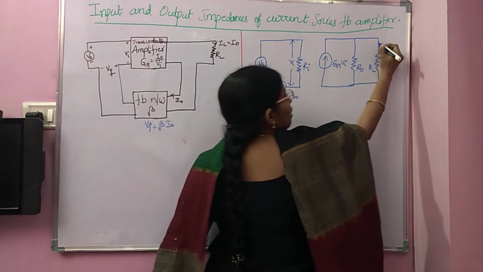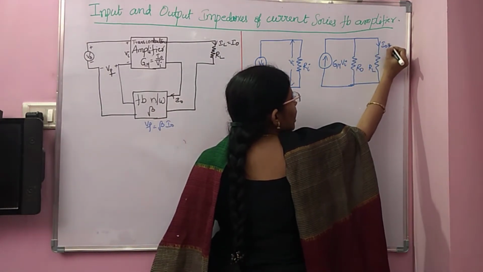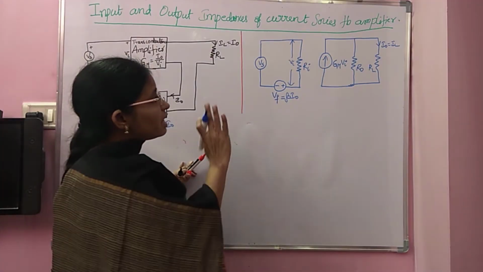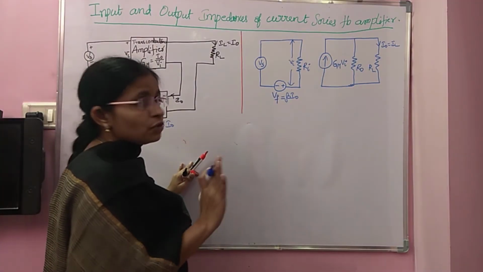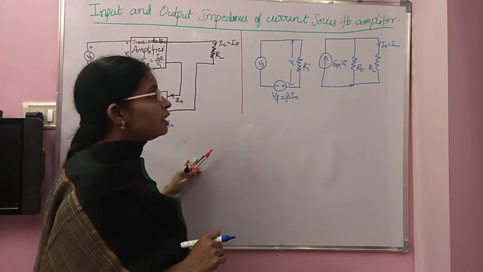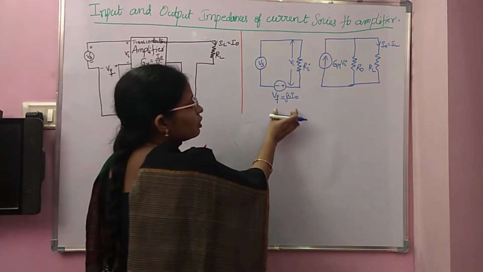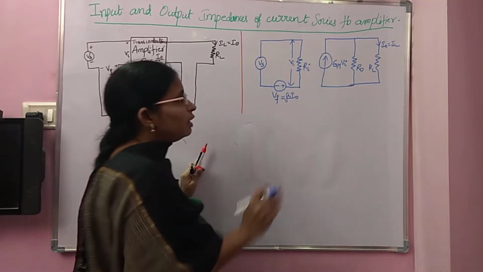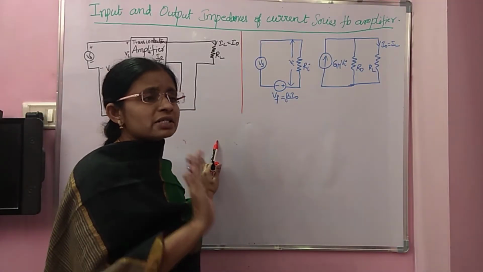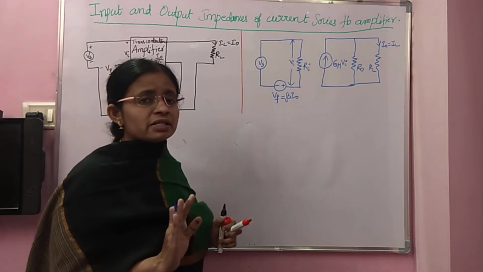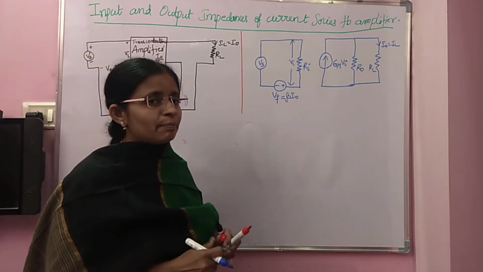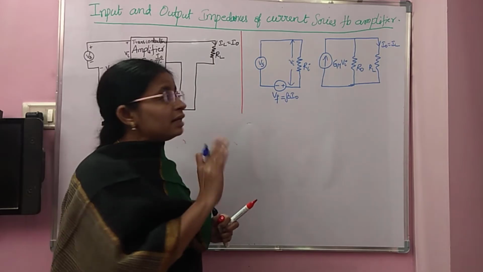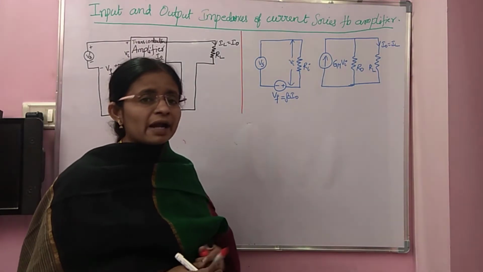So now this current is I0 or IL. So this is the Thevenin's equivalent circuit of your current series feedback amplifier. Suppose you remove Vf equal to beta I0, just short it, then the circuit is nothing but the Thevenin's equivalent circuit of the trans-conductance amplifier. But if you add this feedback, then it becomes the current series feedback amplifier.